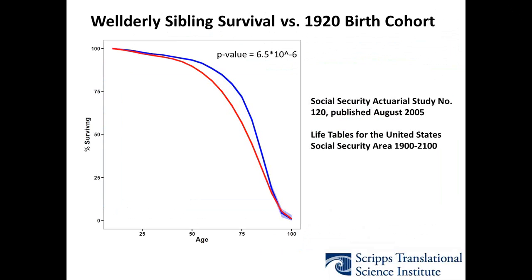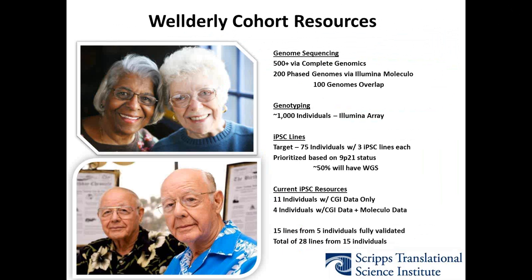So we started from 5 years of age, and you see they don't necessarily live longer than individuals from the 1920s, but they tend to survive this middle age period better than the 1920s birth cohort. Whether that's environment versus genetics is still unclear, but there's at least some evidence that there's something interesting going on.